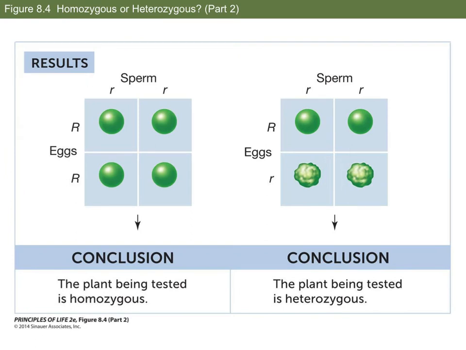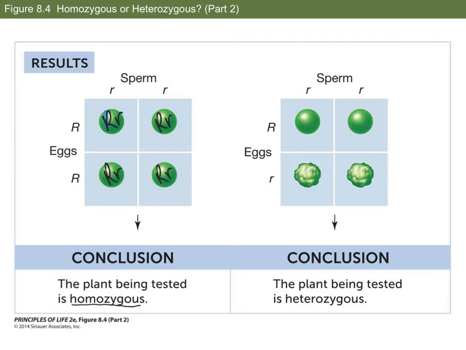If the individual is big R big R, then all of the offspring are dominant: big R little r, big R little r, big R little r, big R little r. So if all the seeds come out dominant, then you know that the unknown parent was homozygous.